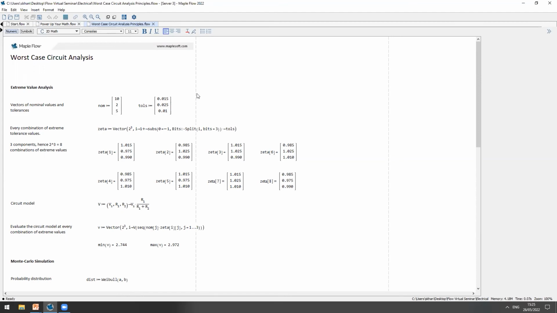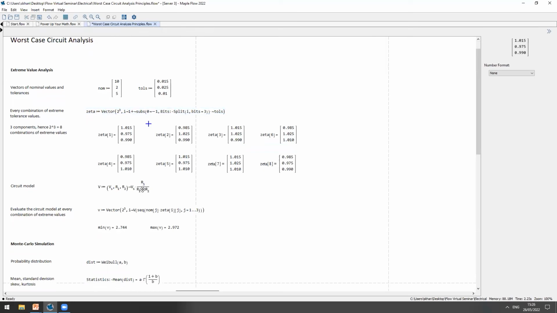Since there are 3 components, there are 2 to the power of 3, or 8, combinations of extreme values. This math container is a bit dense, but it essentially gives me a vector zeta with 8 elements, each element being a vector with a unique combination of 3 extreme tolerance values. And here I extract out the individual vectors of extreme tolerance values.